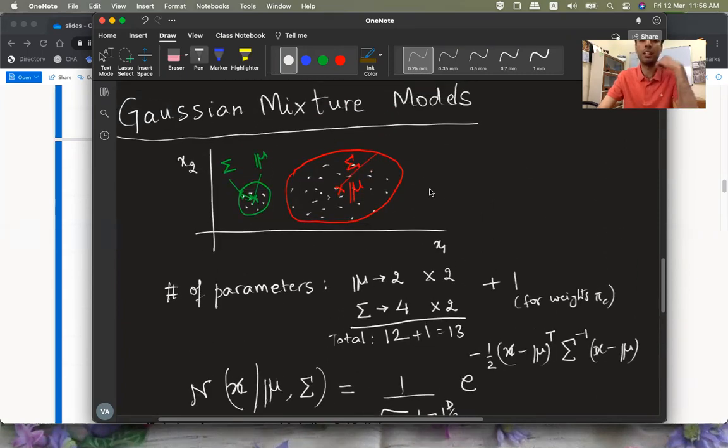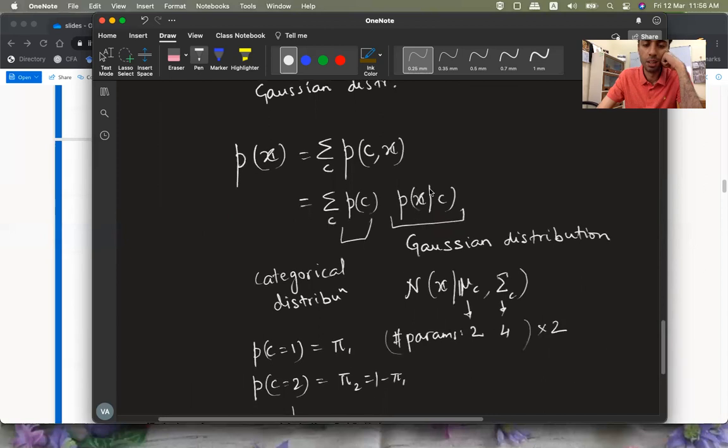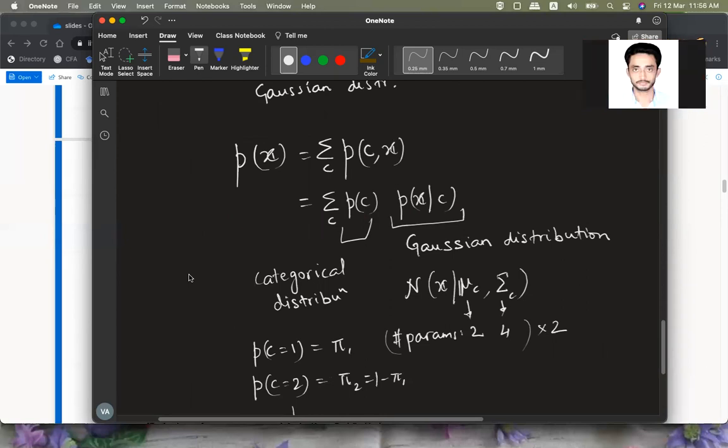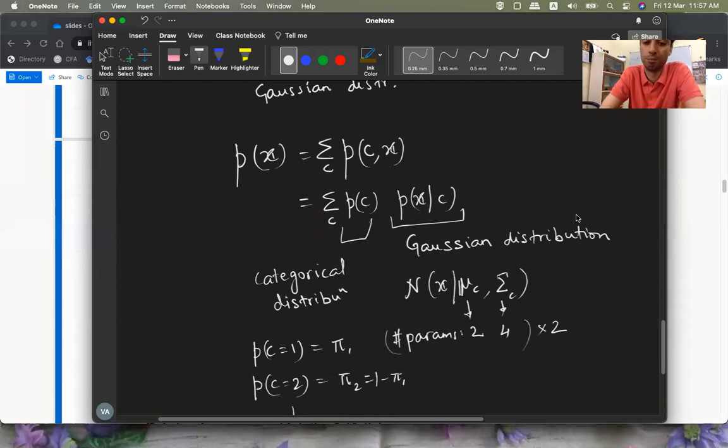Ultimately you are just modeling probability of X given the cluster index. So you say probability of X given the cluster is a Gaussian, and we have multiple Gaussians available. So you introduce a latent variable called C, and in this way you represent your distribution.